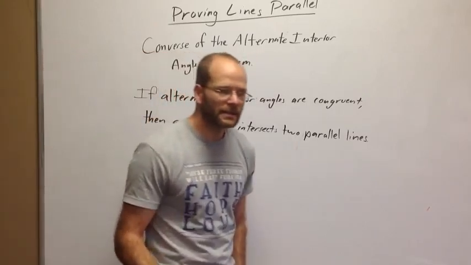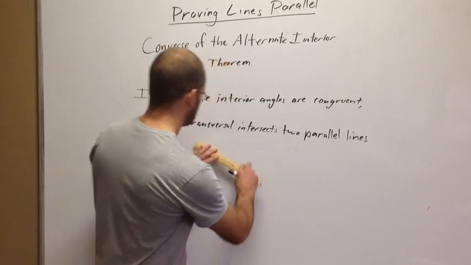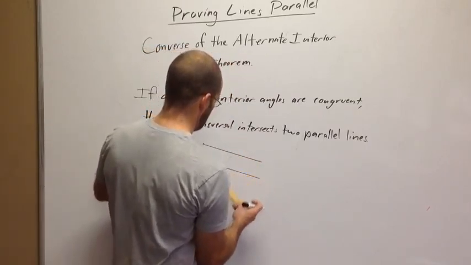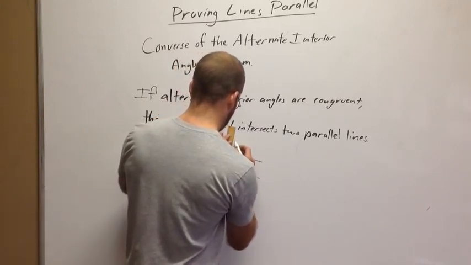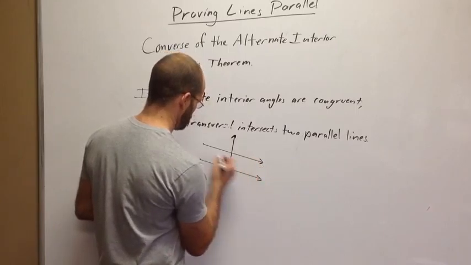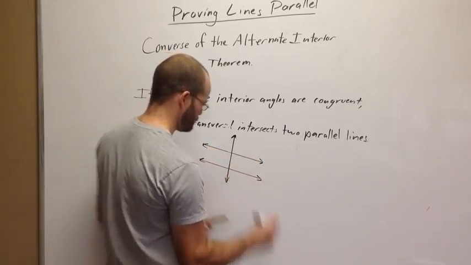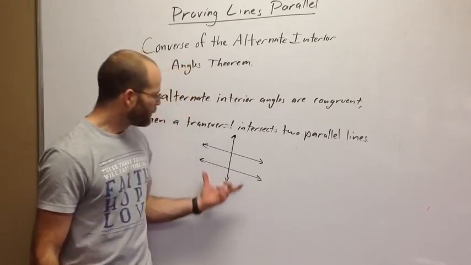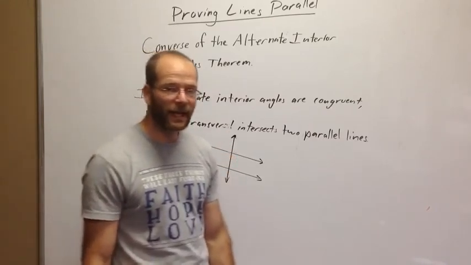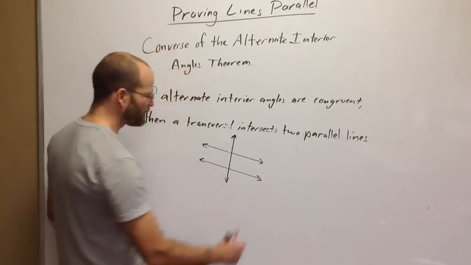It's the converse of the alternate interior angles theorem. How does that work in practice? Let's look at another example. Here we have a situation in which a transversal is intersecting two lines. I don't know whether the lines are parallel, but I'd like to know. Suppose we're given the following information.